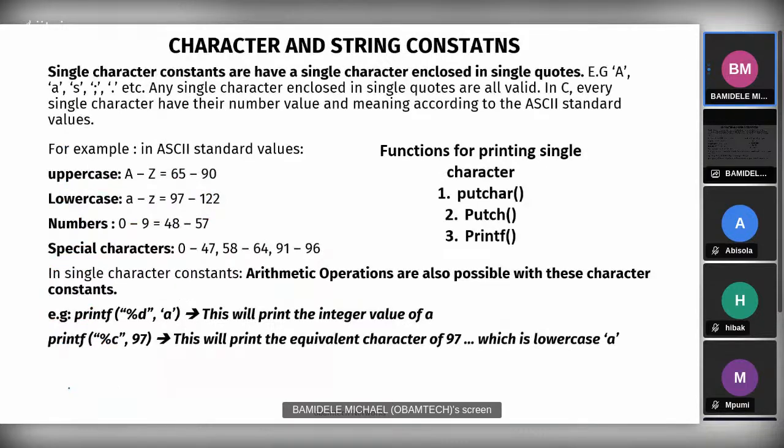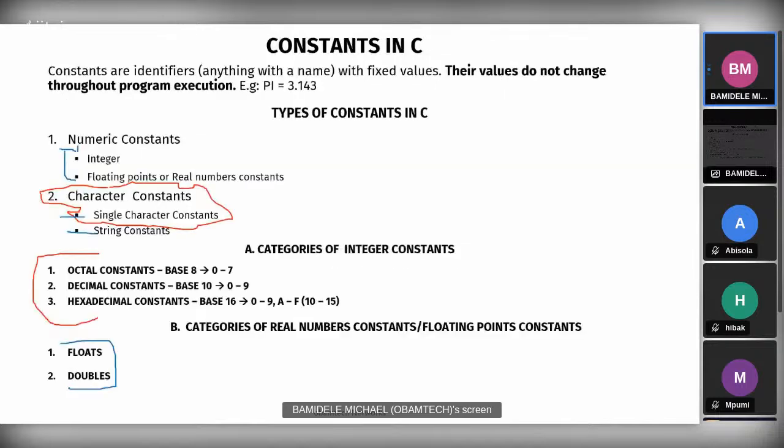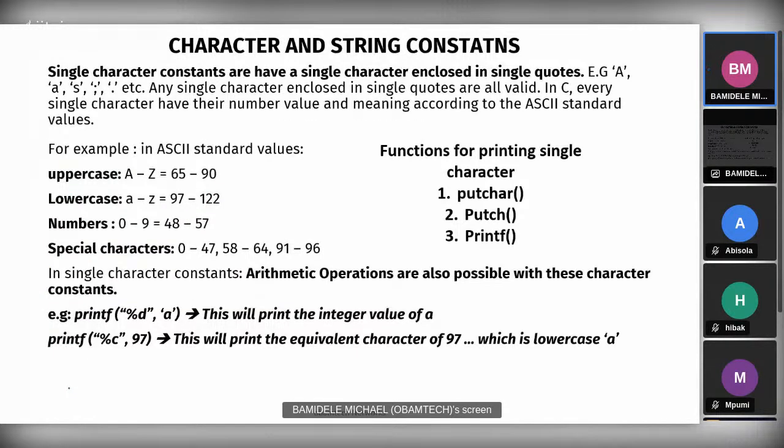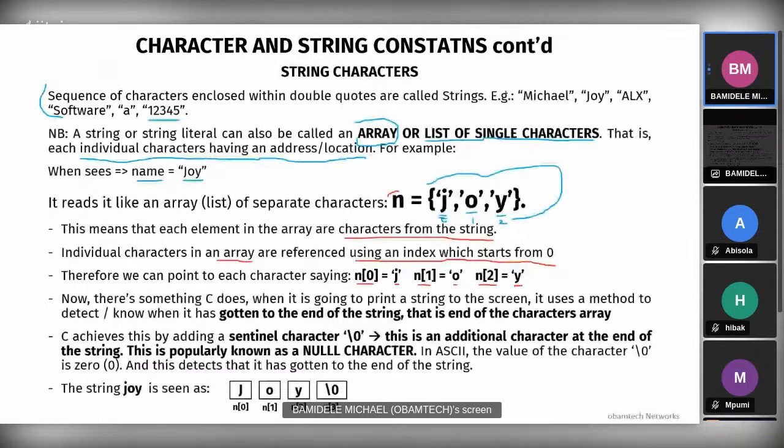Just understand that these things exist, and then try to practicalize how to use each of them. We already discussed before this time the declaration of each of the constants in C, how to declare them. And this is a character constant. We don't want to dwell much on this.